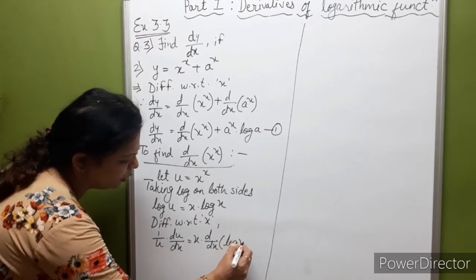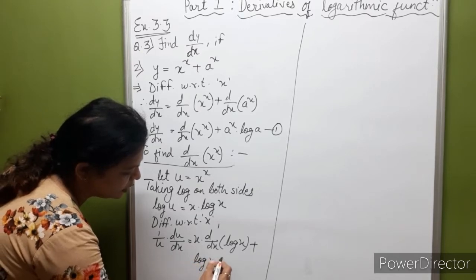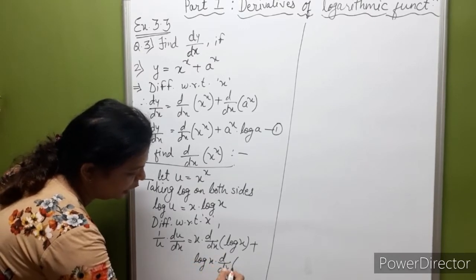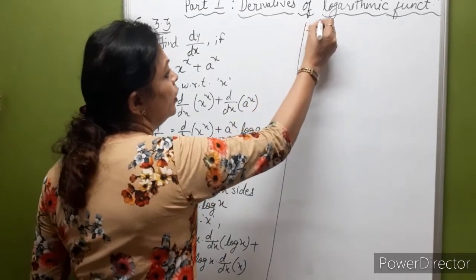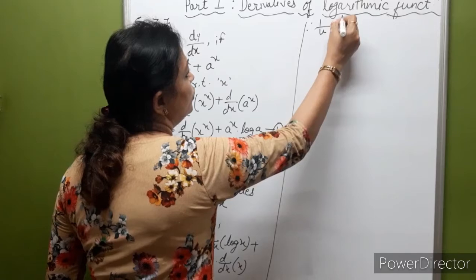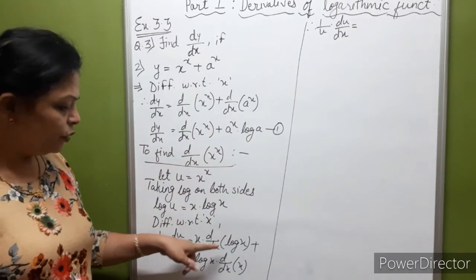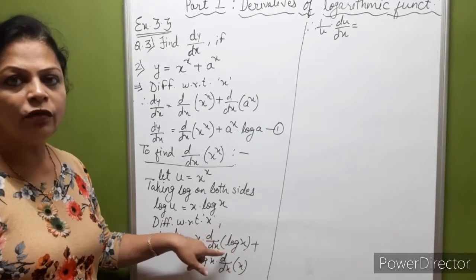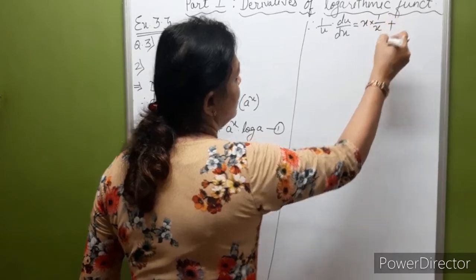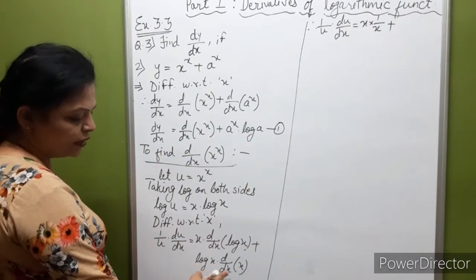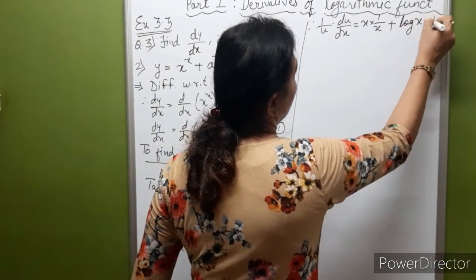I think in question number 1 we had somewhere this same function. Log x into d dx of x. So what do you get? 1 upon u into du by dx is equal to x into d dx of log x, which is 1 upon x. So x into 1 upon x plus log x into 1.